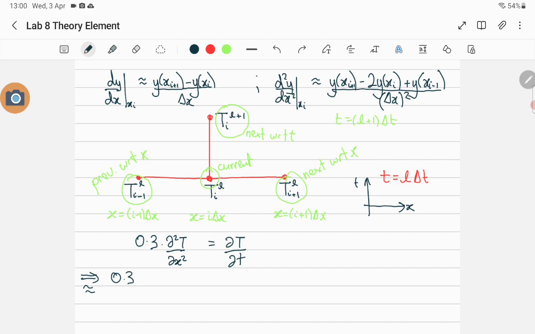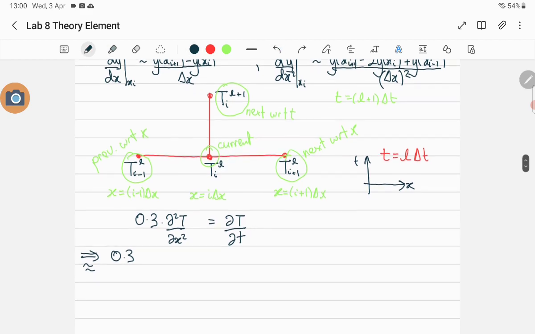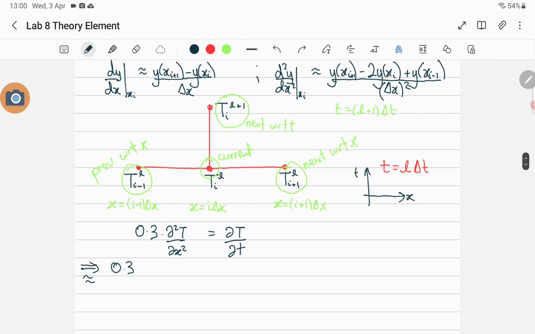So this here being our current point, the next one over is T i plus 1 minus twice the current T i plus the previous T i minus 1. And it is a partial derivative, so everything else is kept constant, in particular time. So for all these, the time is the same.